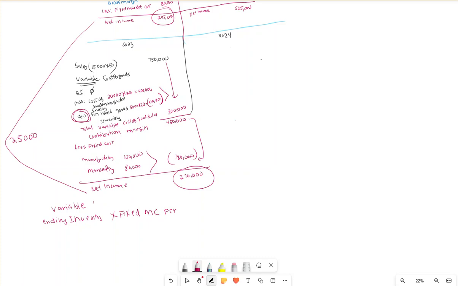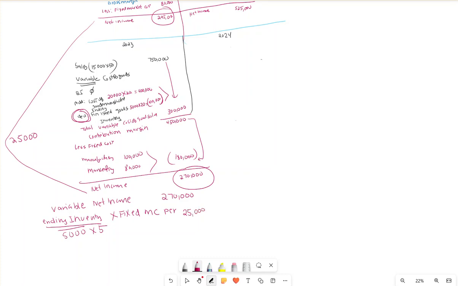So my variable net income in this case is 270,000, and my ending finished goods inventory was 5,000, multiplied by my fixed manufacturing overhead, which is 5, and this is your 25,000.